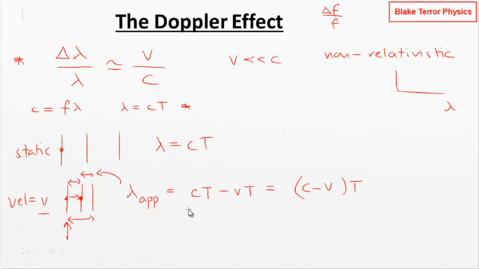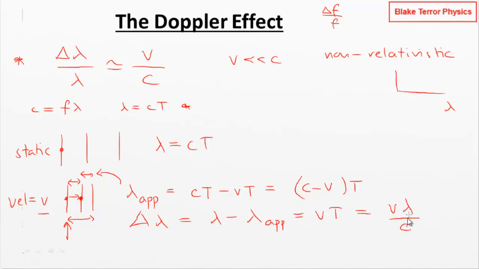Not that we really need to write it that way, because we're going to get our change in wavelength is the original wavelength minus the apparent wavelength. That is the difference. That is what's changed. So that is ct minus ct minus vt. So that just leaves us with vt, which is v lambda over c.